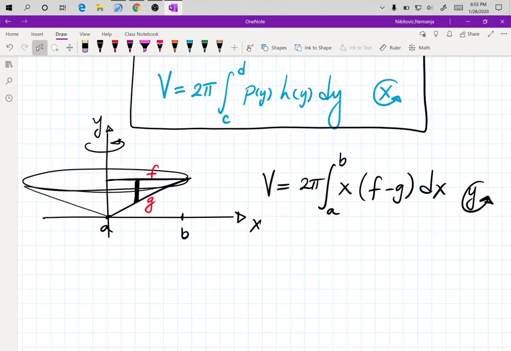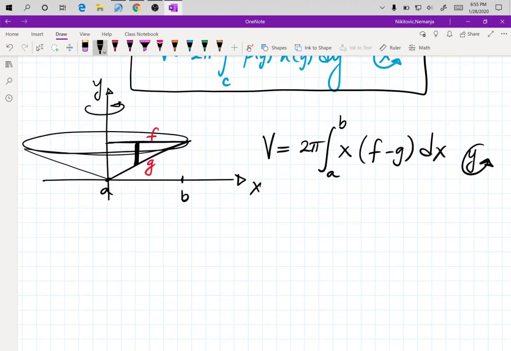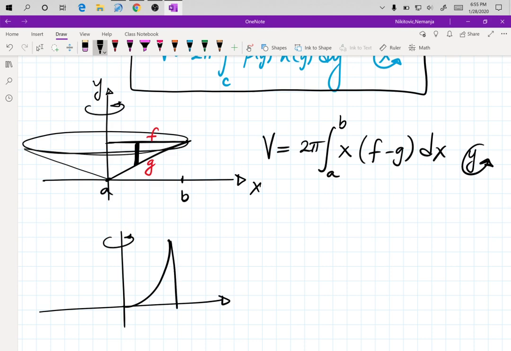If you have a problem that is nice and easy, something like, let's say, you want to rotate a parabola, but you want to rotate the bottom piece of the parabola, like that, from A to B around the y-axis, then you are getting this weird shape, whatever this is. It's hollow.